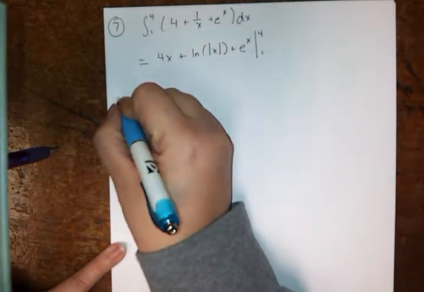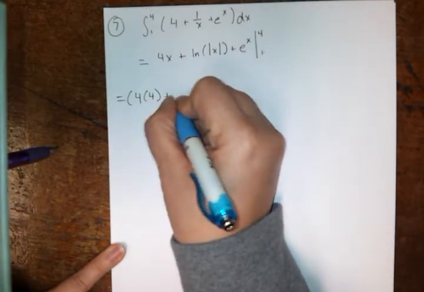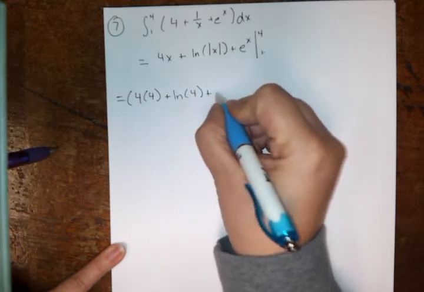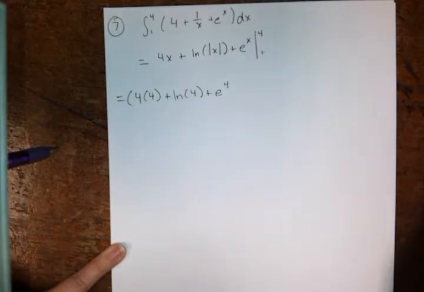Okay? So this equals 4 times 4 plus the natural log of 4 plus e to the 4th power, right?